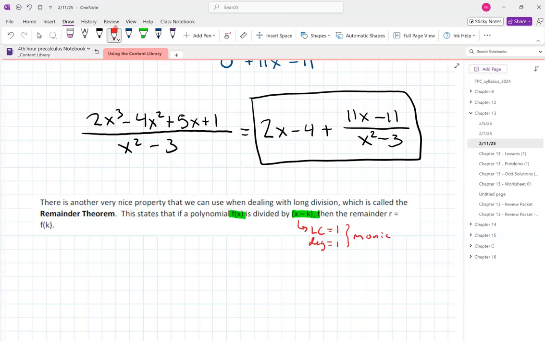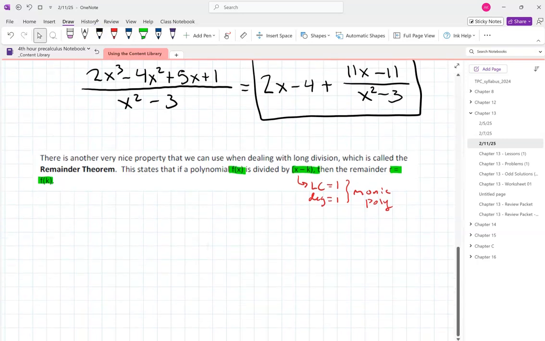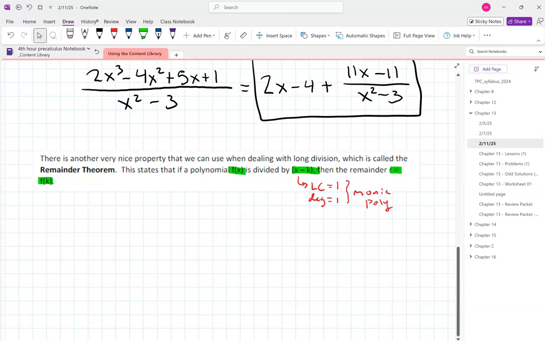We call those types of polynomials monic polynomials. If that's the case, then the remainder is just going to be f of k. I could just plug k into the function and I'll get the remainder to come out.